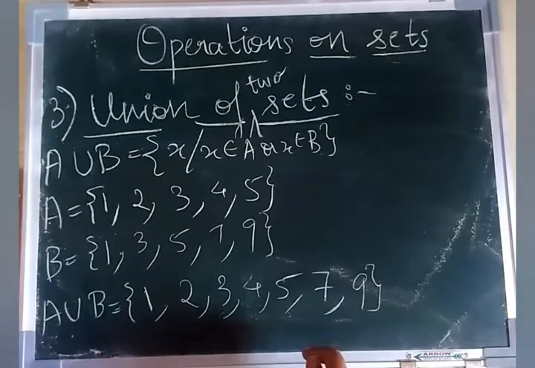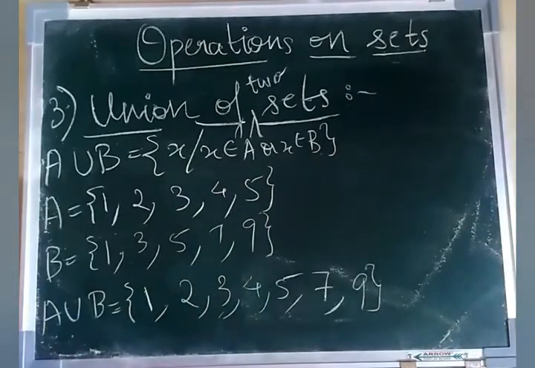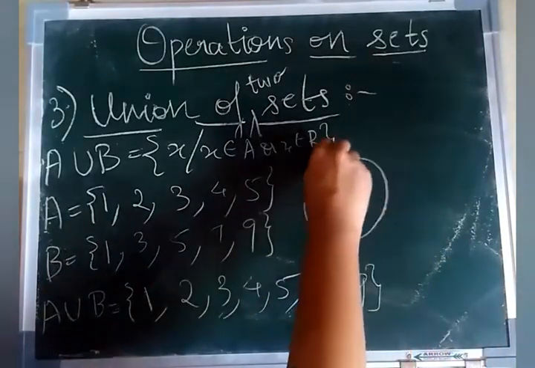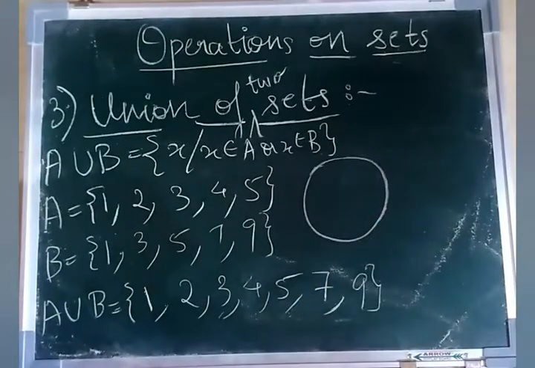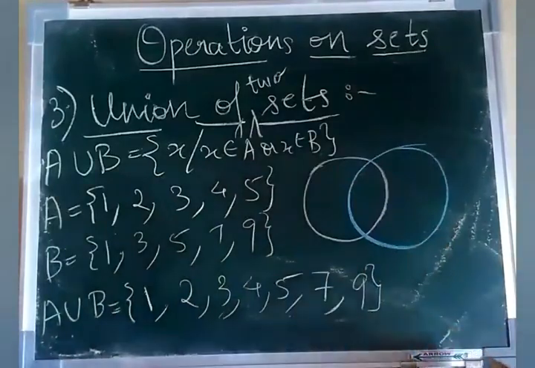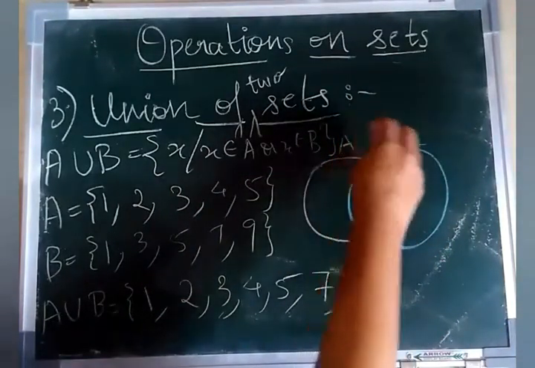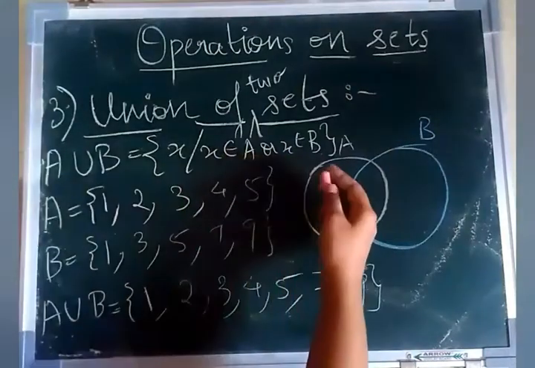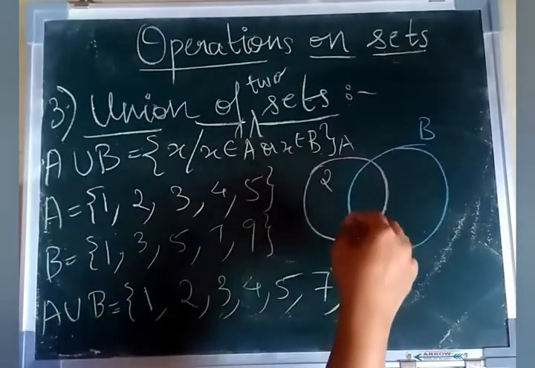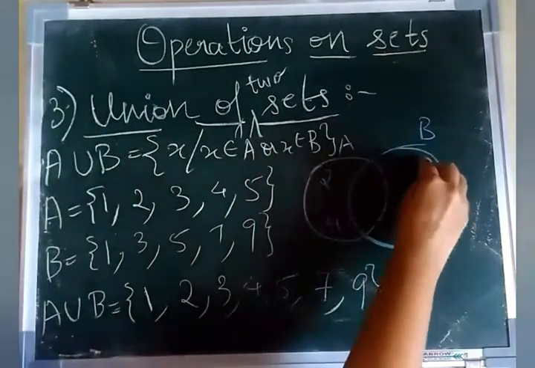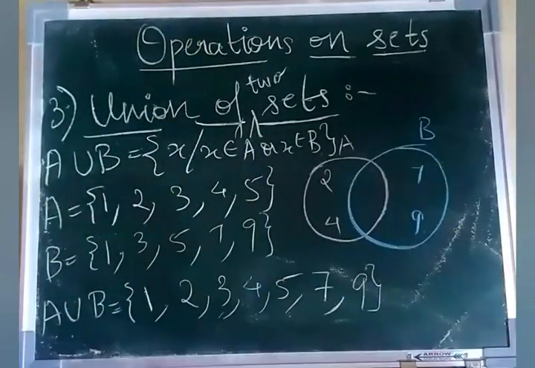Okay. So if I represent it using a Venn diagram, suppose the colored circle is A and the blue colored circle is B. So this is A, this is B. A has 2 and 4 outside, and B has 7 and 9 outside, and the other elements are in the intersection area.